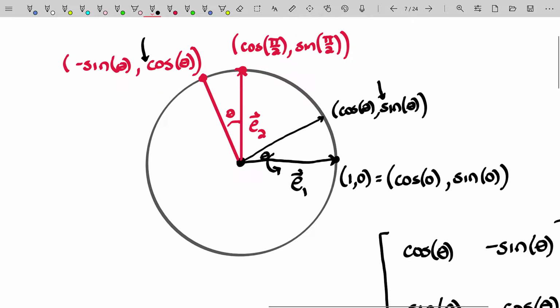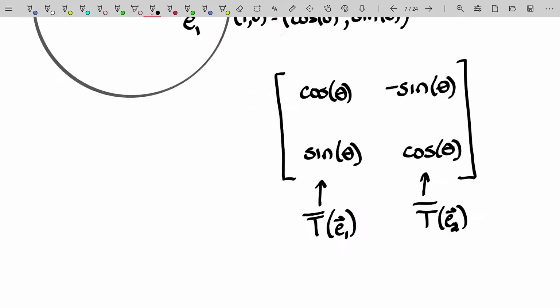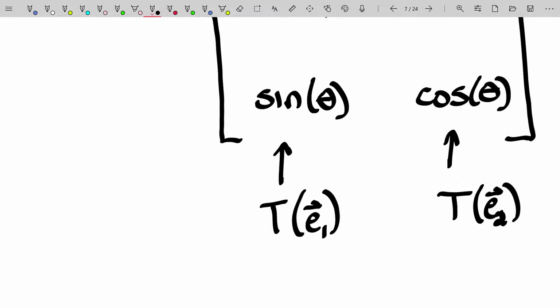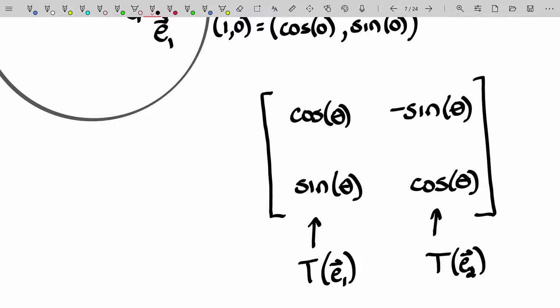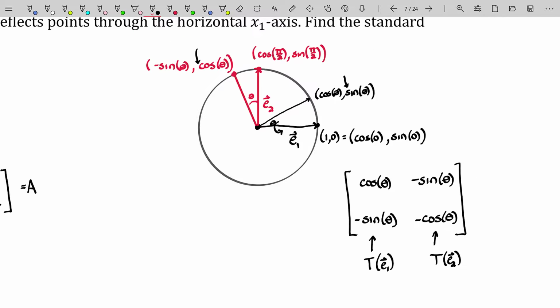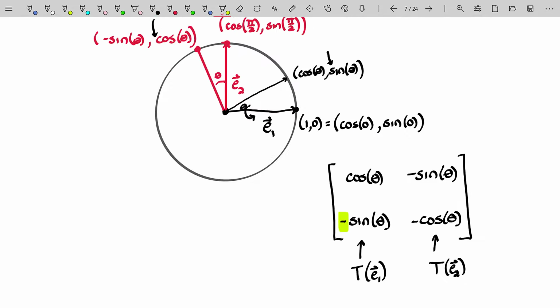So for the full transformation, now I can just completely erase these bars. The full transformation is going to put some negatives on these y values, and that will work for any rotation. So you're rotating and then flipping about the x1 axis, or in other words, negating the y values.